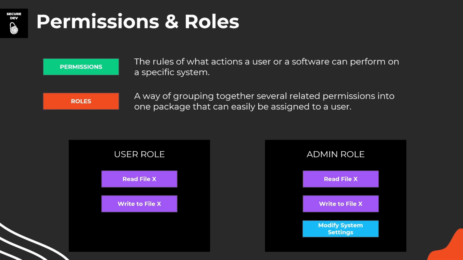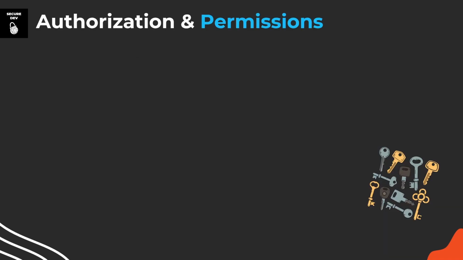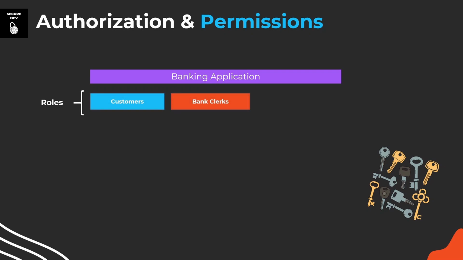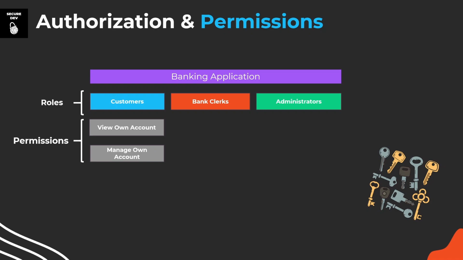Now, let's visualize this with a practical example. A banking application. In such an application, you have different roles like customers, bank clerks, and administrators. Each of these roles would need a unique set of permissions. So a customer should only be able to view and manage their own accounts.